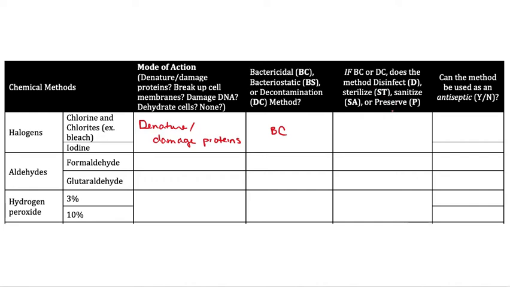If it's bactericidal, does it disinfect, sterilize, sanitize, or preserve? I know I said disinfect or sterilize, but I also said if it can be used to sterilize, let's just put that down. We'll remember that things like bleach, for example, can be used as a sterilant. And then, can it be used as an antiseptic, which means can it be used on living tissues? For chlorine and chlorites, I'm going to say no. For iodine, yes. This is the halogen that we will commonly use as an antiseptic.